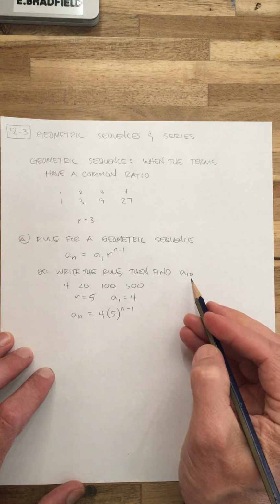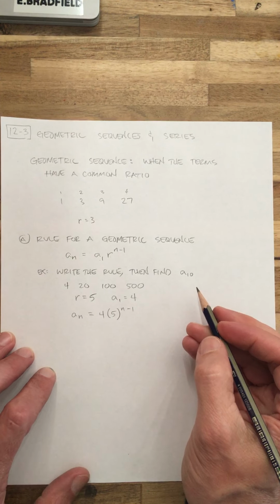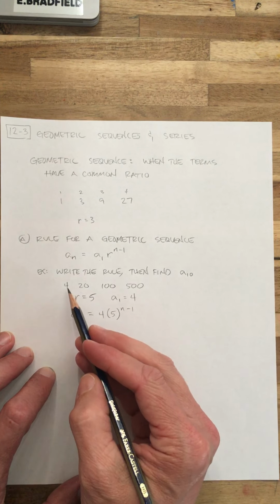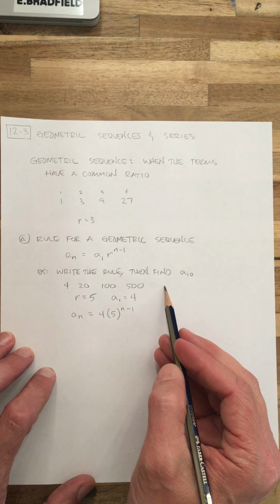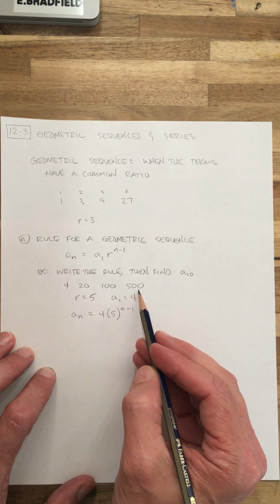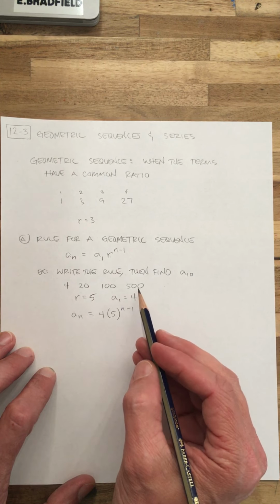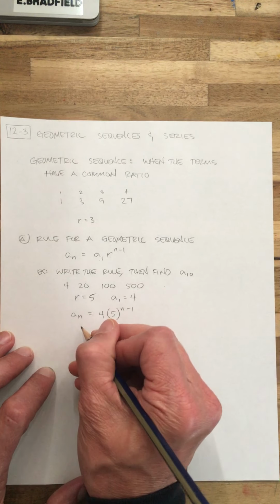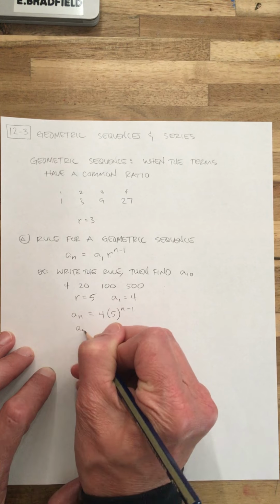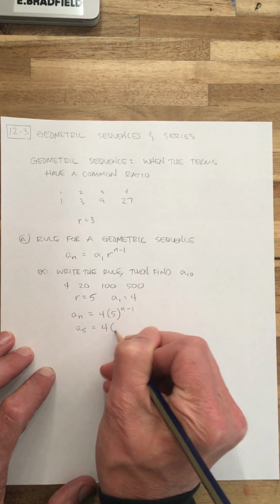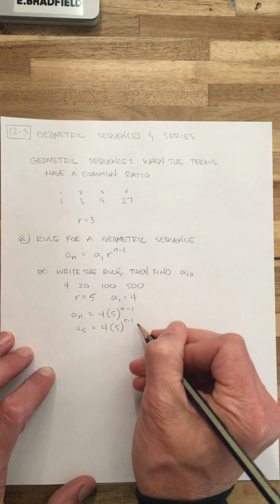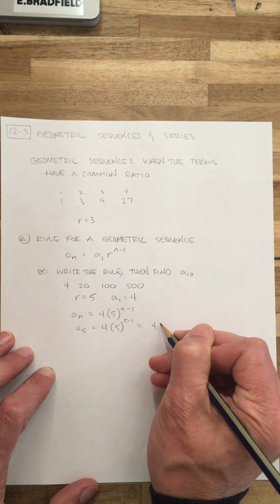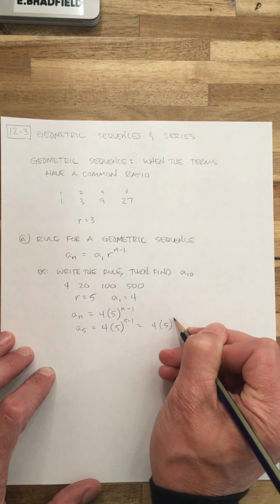Now it asks us to find the 10th term, but let's just do this really quick with the 5th term, because we know what it is. This is the first, second, third, fourth. The 5th is going to be 5 times 500, which is 2,500. Let's do that just to show you that it works. The 5th term is 4 times 5 to the power of n minus 1, so 5 minus 1, which equals 4 times 5 to the power of 4.